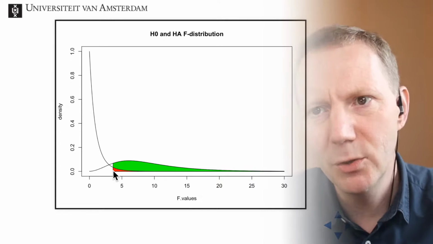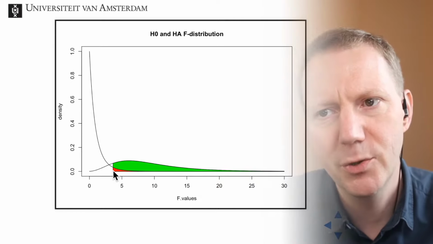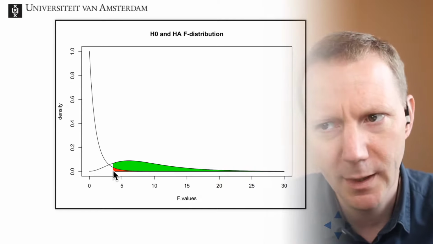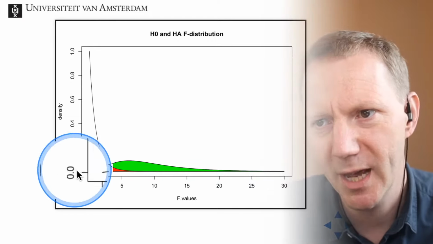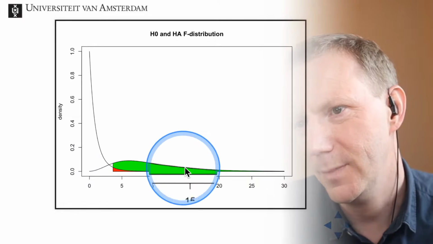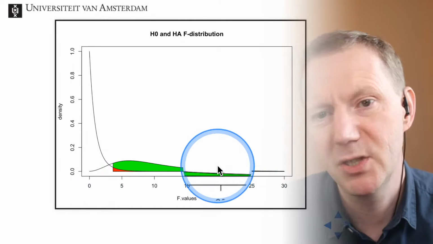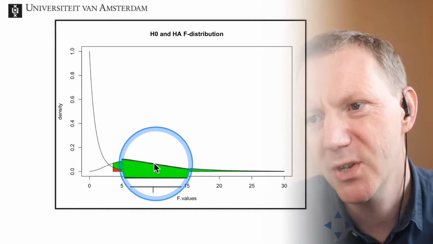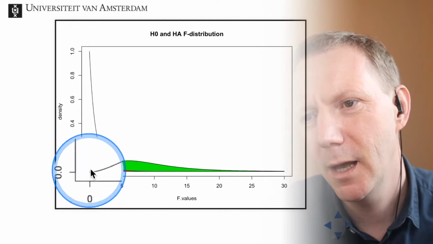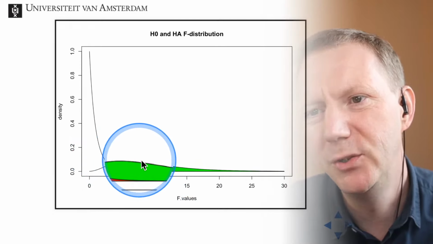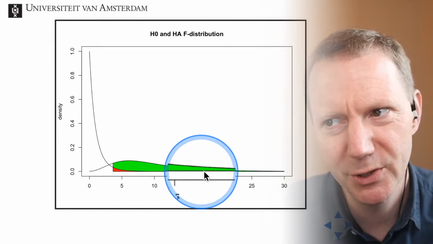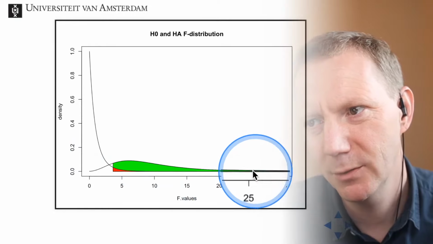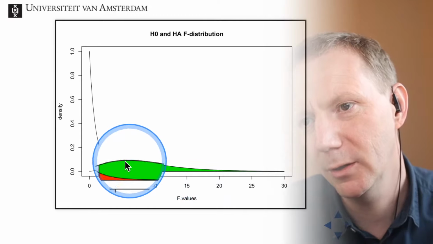Now, if we assume this alternative distribution to be true, and with alternative distribution I mean this one. So this is some arbitrary alternative distribution of F values where we do assume a high signal to noise ratio. So such an F value could look like this.